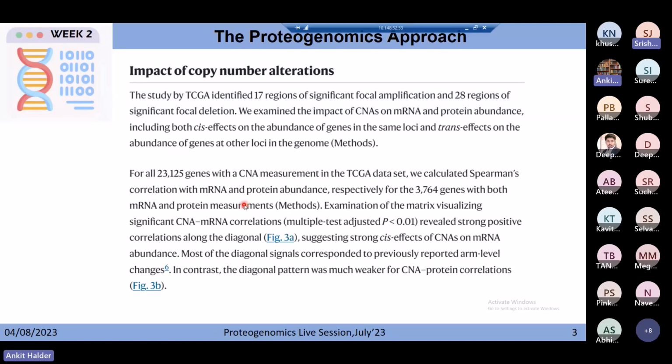So the genomic technologies helped us understand the different SNPs and mutations, but what is the actual reality at the phenotype or protein level? There you can see that this correlation matrix did not always show that the copy number abundance is reflected at the protein level.